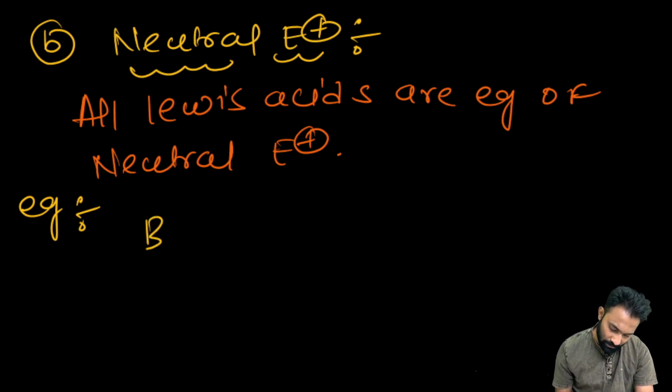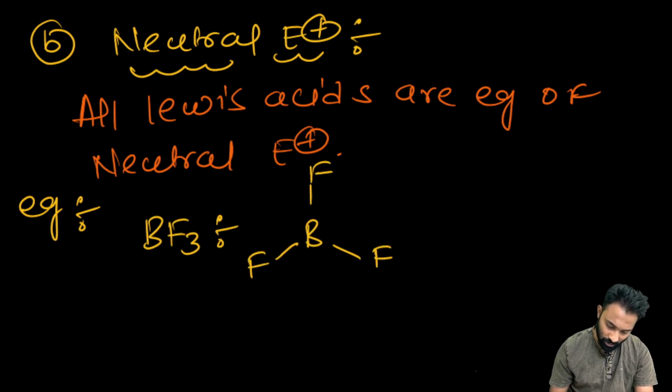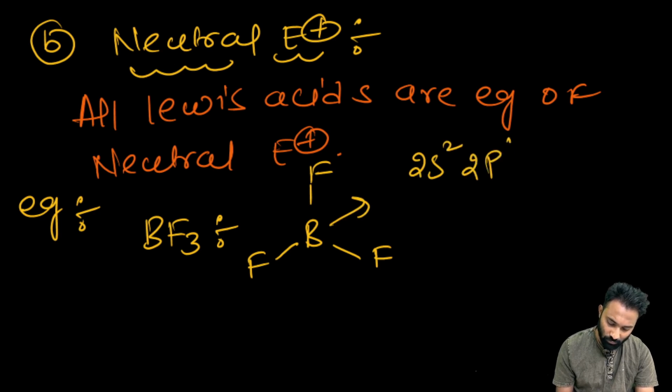Now listen carefully. First one, I'll take BF3. In this BF3, boron is bonded to three fluorines. Normally boron's valence electrons are 2s2, 2p1.